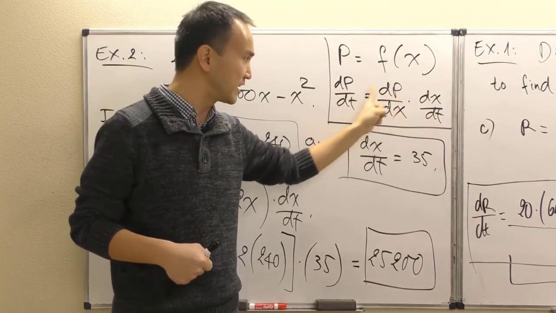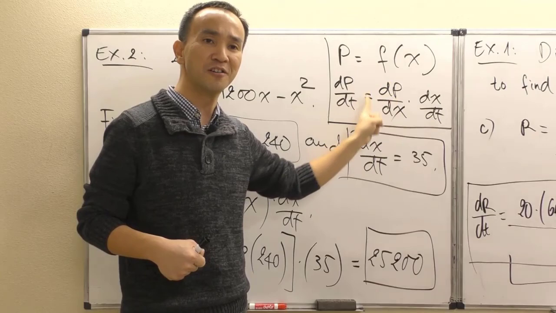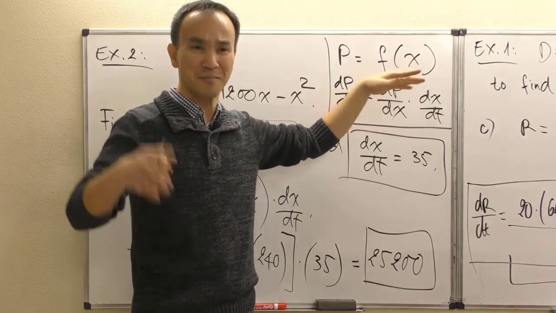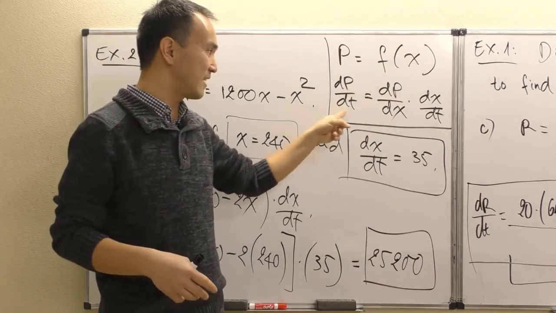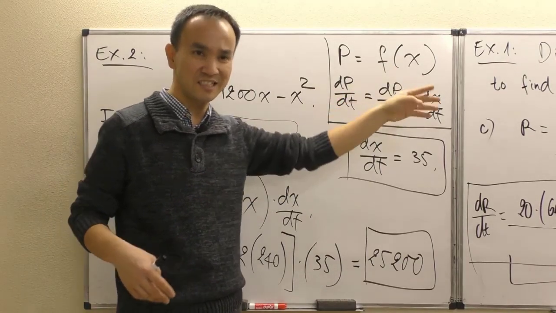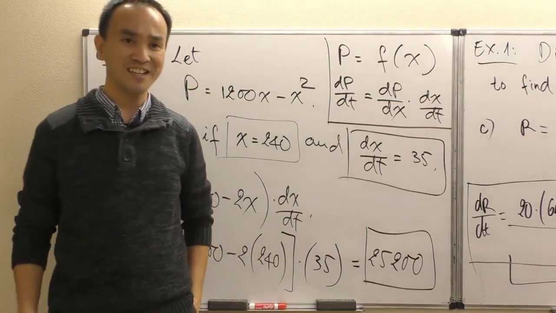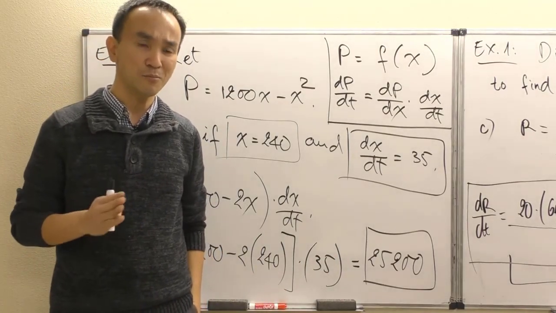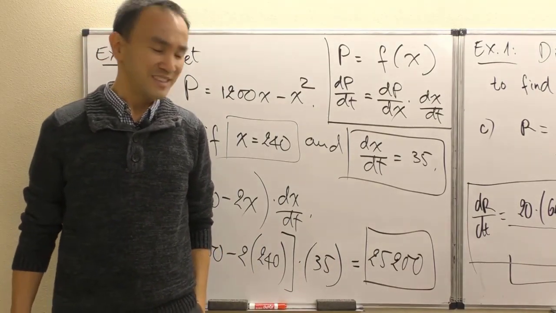From there, we mostly focus our time on finding the main derivative, and that's how it will point out the relationship between dp/dt and dx/dt. It will speed up the process a lot more significantly.